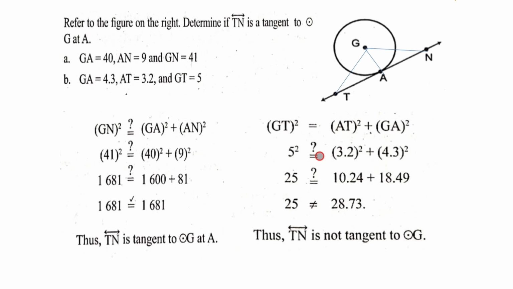So magkakaroon tayo ng 5 squared is 25, 3.2 squared is 10.24, plus 4.3 squared is 18.49. Then add 10.24 plus 18.49, magkakaroon tayo ng 28.73. So 25 is not equal to 28.73. So since they are not equal, therefore we have to conclude that TN is not tangent to circle G.